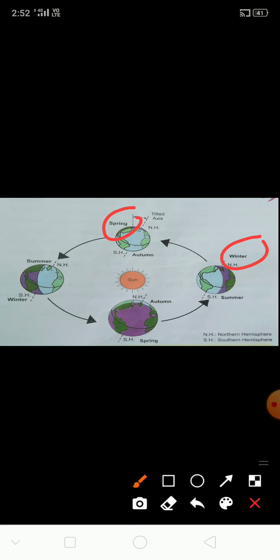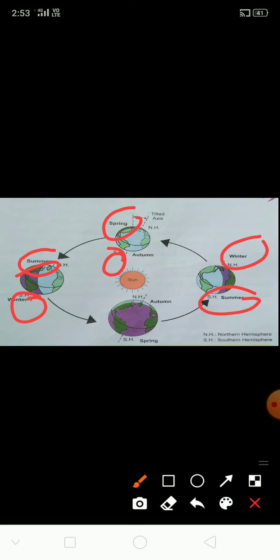Northern hemisphere summer and southern hemisphere winter, and southern hemisphere spring is there.